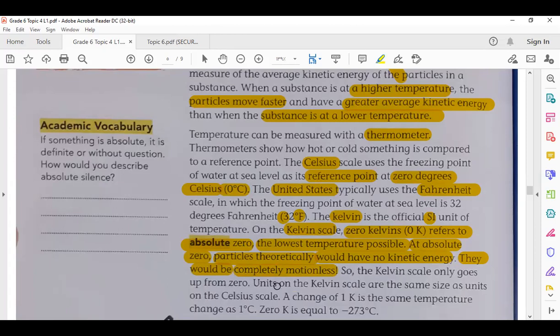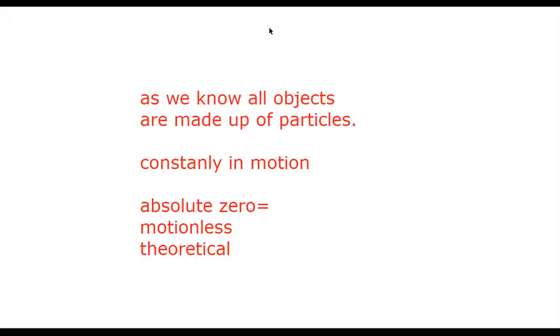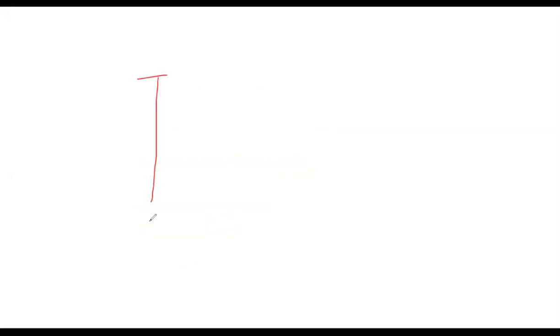You have to know that units on the Kelvin scale are the same size as units on the Celsius scale. What is the meaning of that? Look, suppose this is the Celsius scale, and this is Kelvin. On the Celsius scale, this is 1 degree, this is 2.